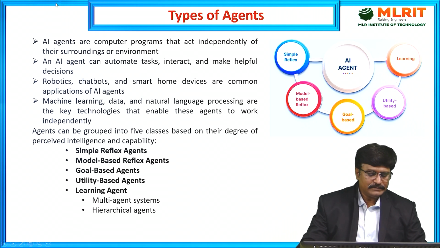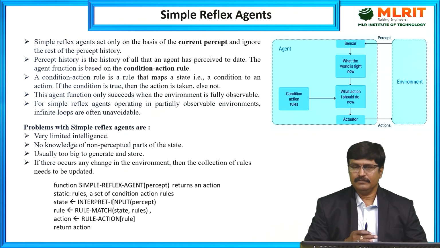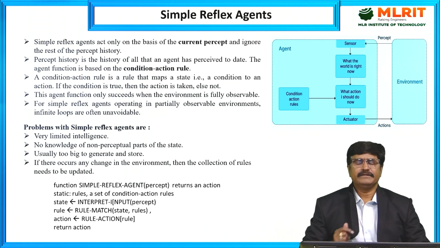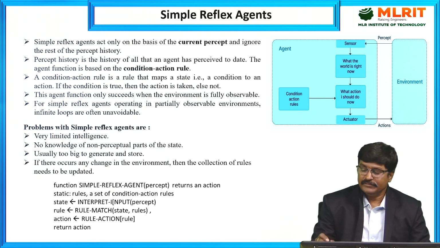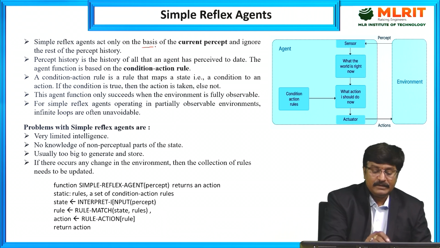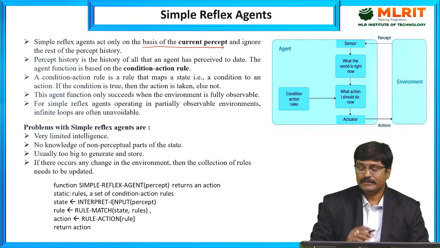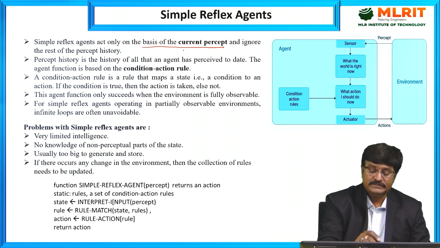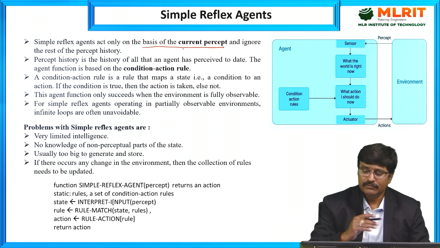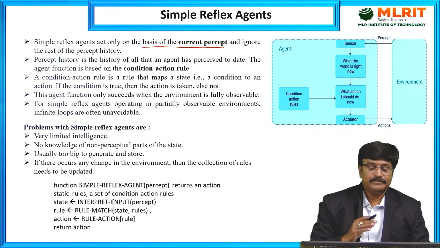So what is the simple reflex agent? It is the very basic agent model. It acts on the basis of the current perception only, and if the condition is matching, it takes the action. It ignores all the rest of the percept history.